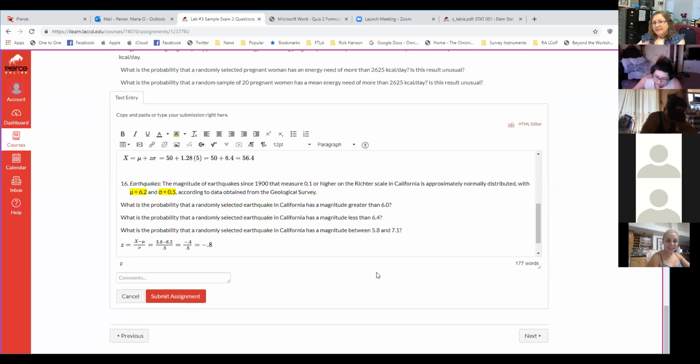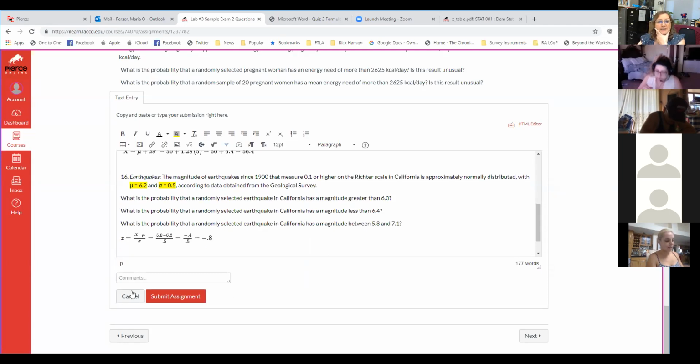That's one of the Z scores we're going to have to look up in the table. So we've got to do the second one. Go back up here.